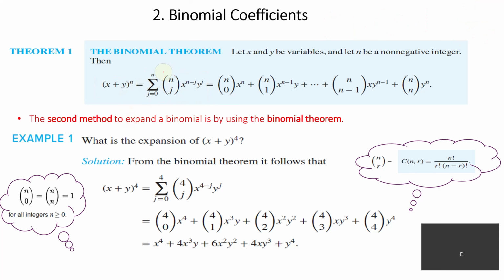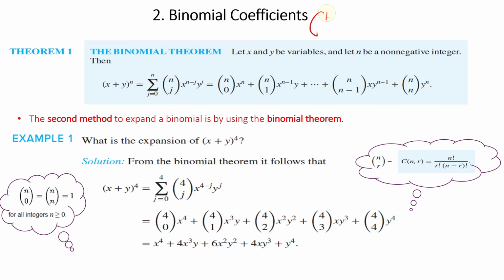What does this mean? This is the sum of j equal to 0 to n of the combination where we choose j from n. That means from n we choose j items. So when j is 0, for example, the first time, what if we choose 0 from n?